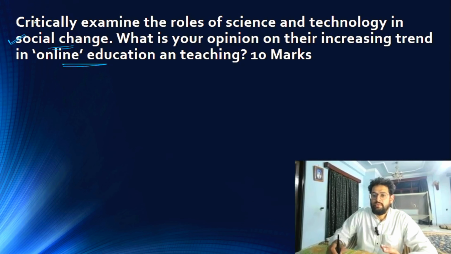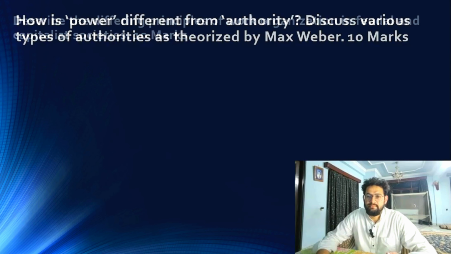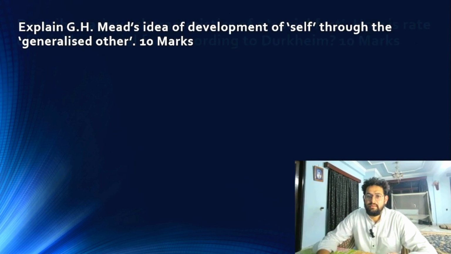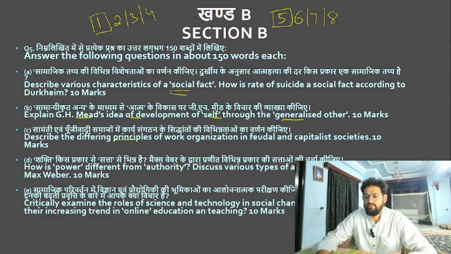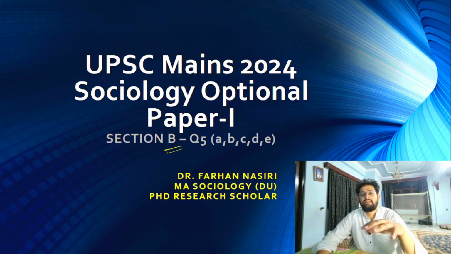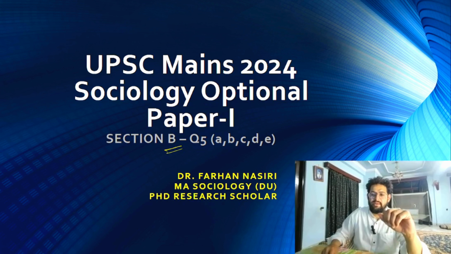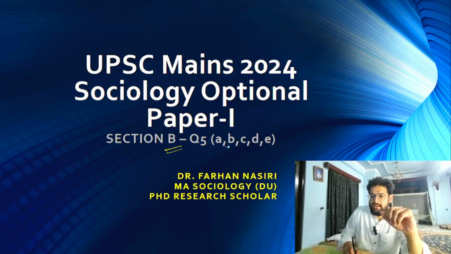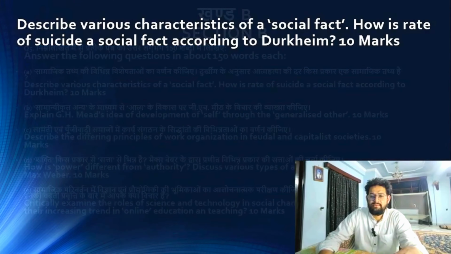So what did we see in today's class? We were looking at Section B, in which we have seen all the compulsory questions. These are the questions that we have discussed.